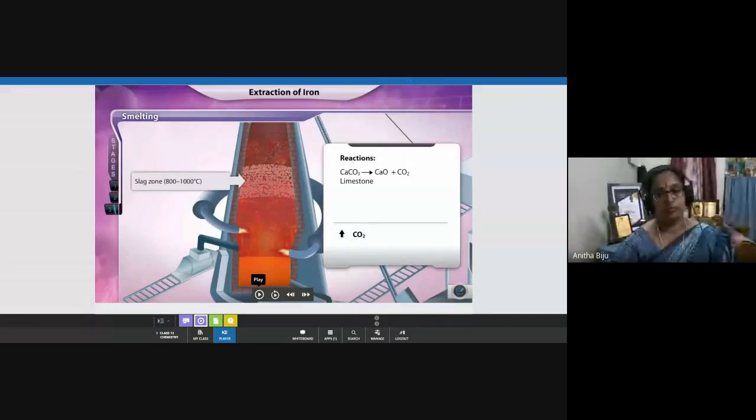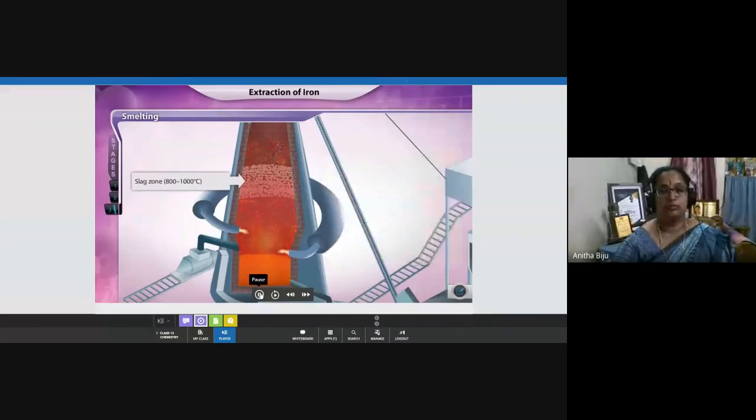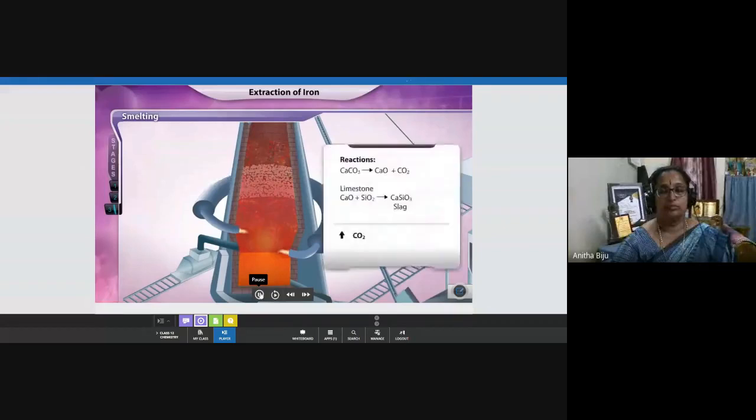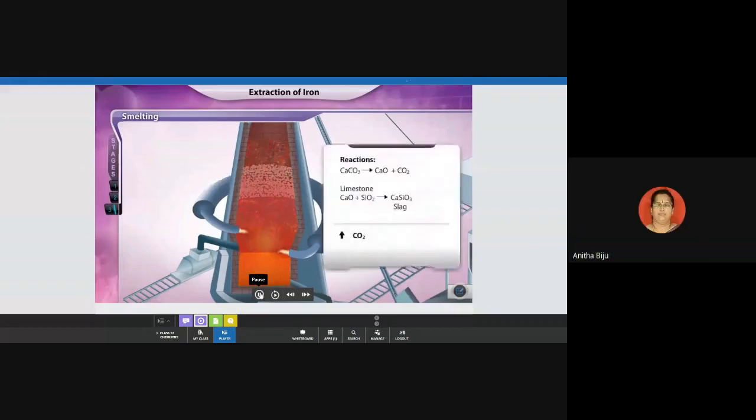Mention the equation. Calcium oxide reacts with silicon impurities. Second equation, slag formation: calcium oxide reacts with SiO2. Silicon dioxide is there along with the charge as an impurity.